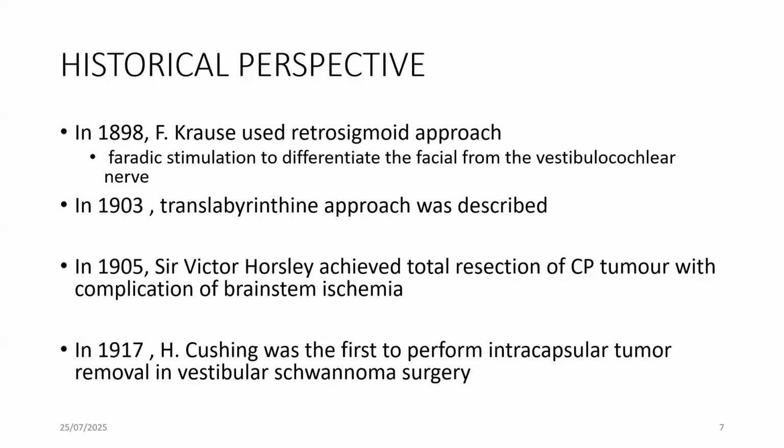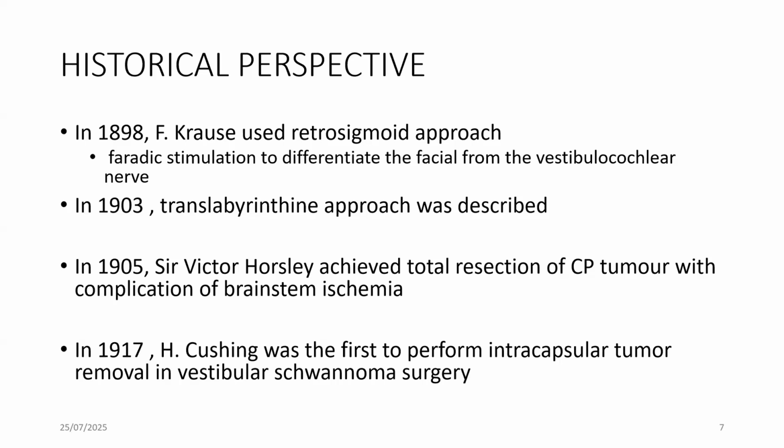What this entails is electrical stimulation of these nerves so that one can differentiate the facial nerve from the vestibulocochlear nerve, especially in a patient with hearing deficit. Before surgery, one has to differentiate the vestibulocochlear nerve from the facial nerve so that there won't be injury to the facial nerve. Then in 1903, the translabyrinthine approach was described.